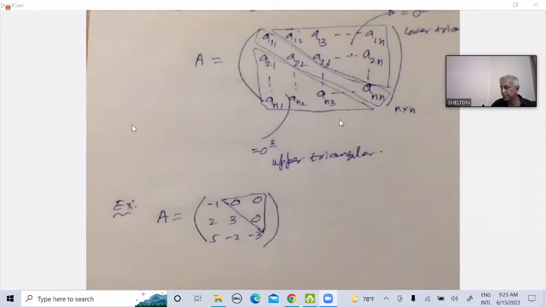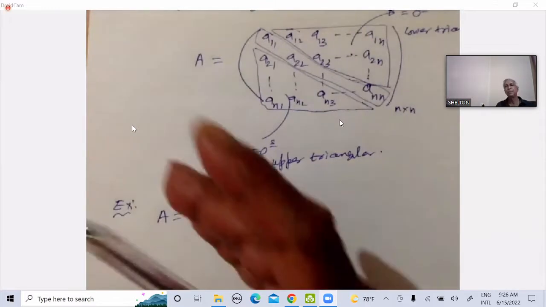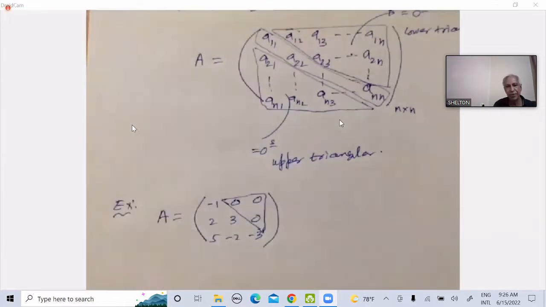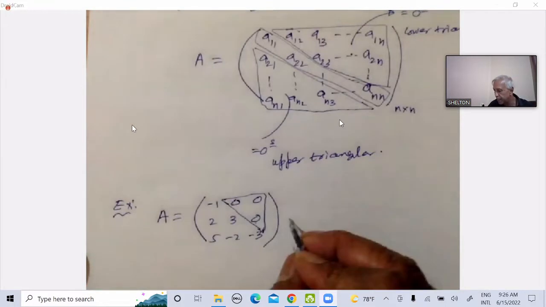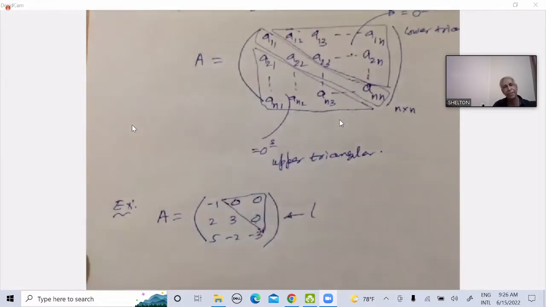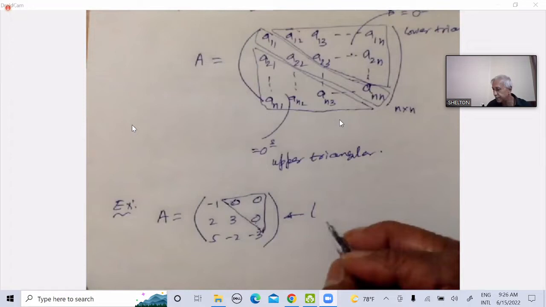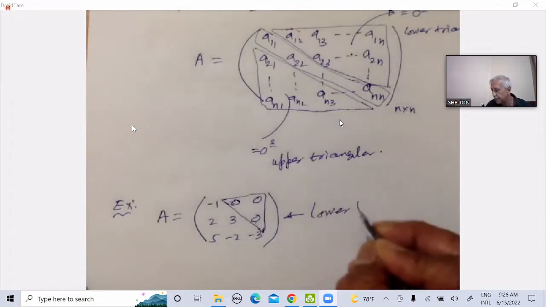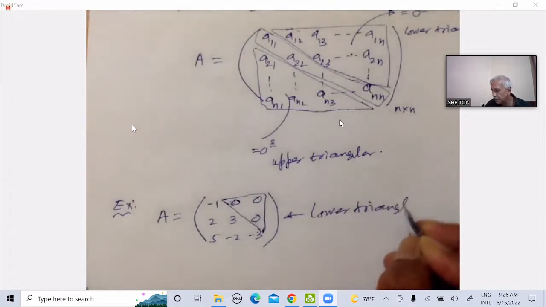The main diagonal and below entries can be any entries, but these three entries are zeros. Therefore, this is an example of a lower triangular matrix. The lower part can have any entries, non-zero or zero. To say lower triangular, the upper triangle here must consist of zeros.